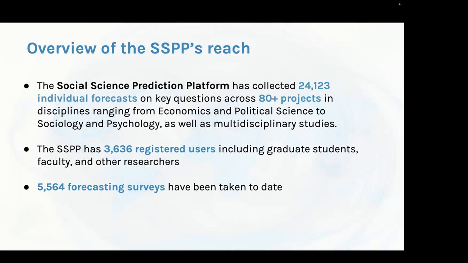So far, we have more than 80 projects across different disciplines in economics, political science, sociology, and psychology on our platform. The platform currently has about 3,600 registered users, including graduate students, faculty members, and other researchers.